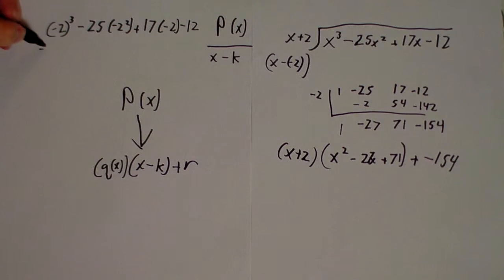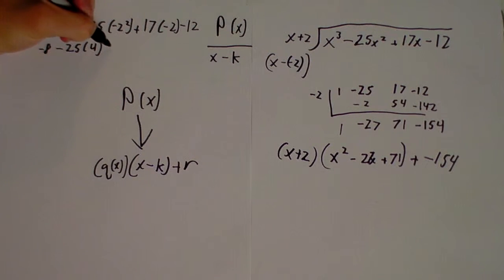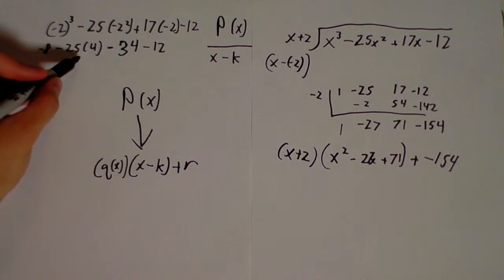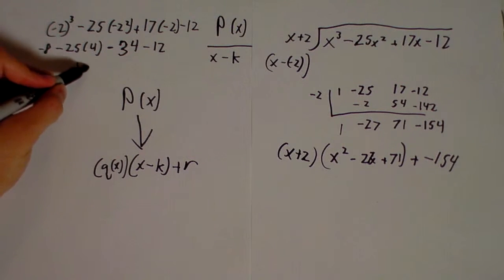Alright, negative 2 cubed is negative 8. Negative 2 squared is 4, so we've got minus 25 times 4. Plus 17 times negative 2 is going to be minus 34, and then minus 12. Alright, well, negative 25 times 4 is just going to be negative 100.